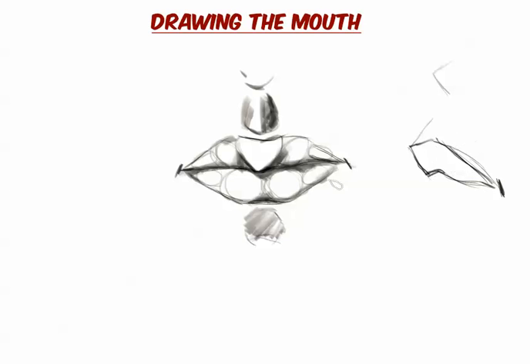Now the bottom lip looks the same. You have that circular pad there that comes straight up to the corner. There we have it. Now this area from the side looks like that. Then you have your nose that comes out.